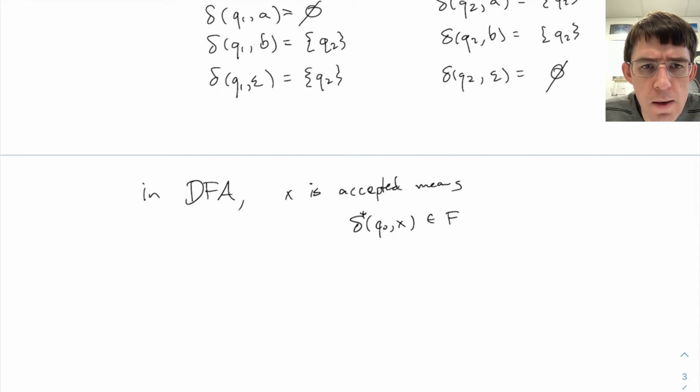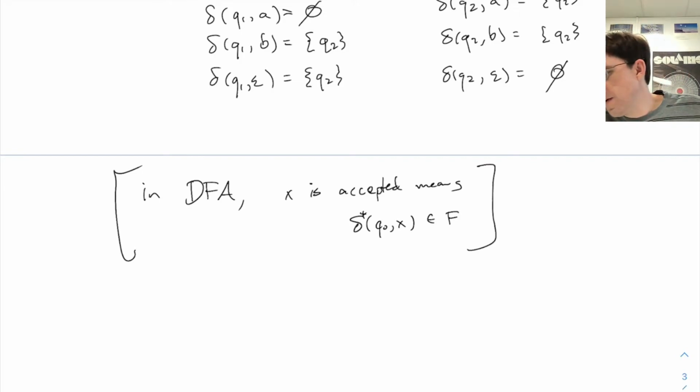Is that actually also the way it works in an NFA, or is it a little more complicated? The answer is it's actually not exactly that, although it's the same idea. You have to write something a little more complicated. That was just a little refreshing of the memory.